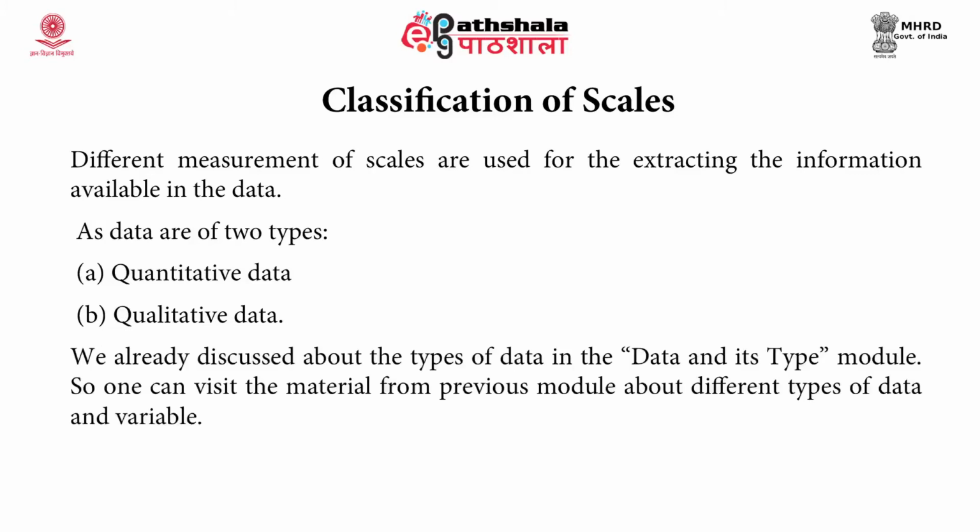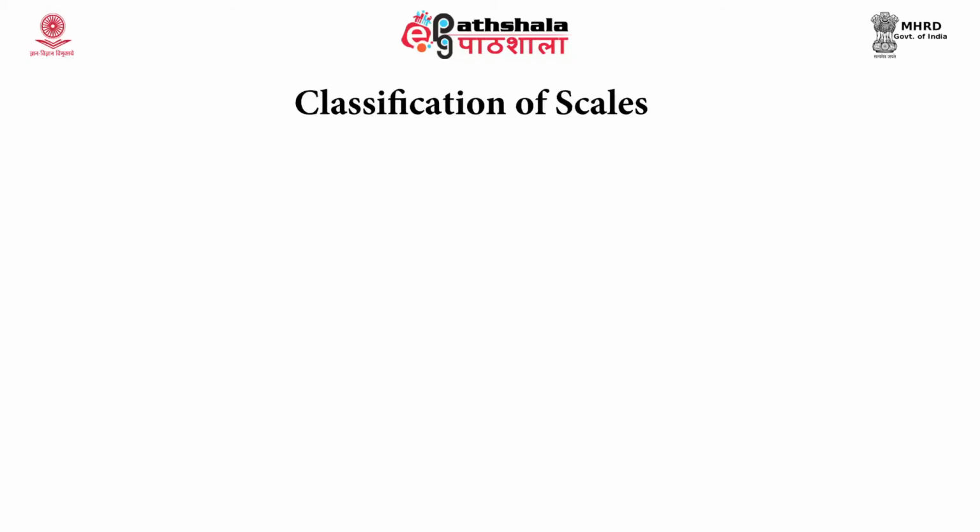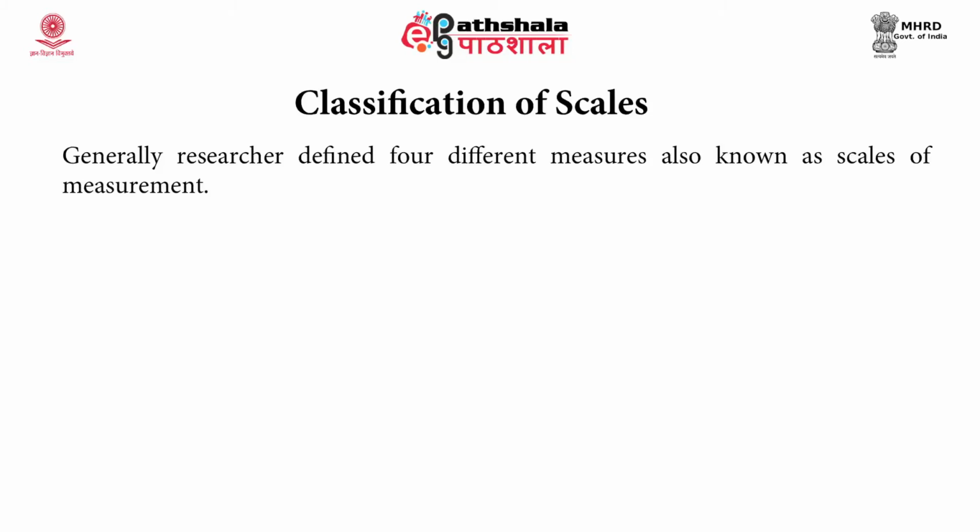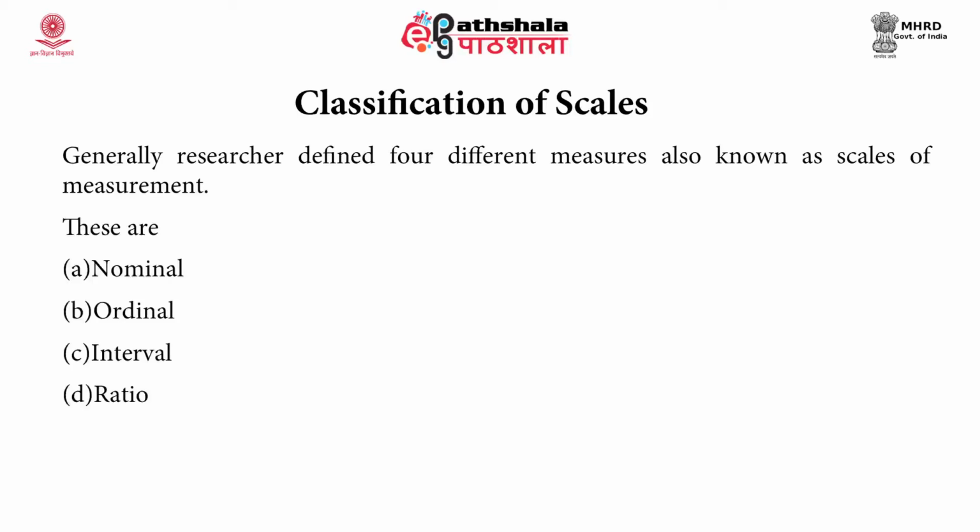We already discussed the types of data in our module data and its type. So one can visit the material of this module for reference. Now generally researchers defined four different measures, also known as scales of measurement. These are nominal, ordinal, interval, and the fourth one is ratio.